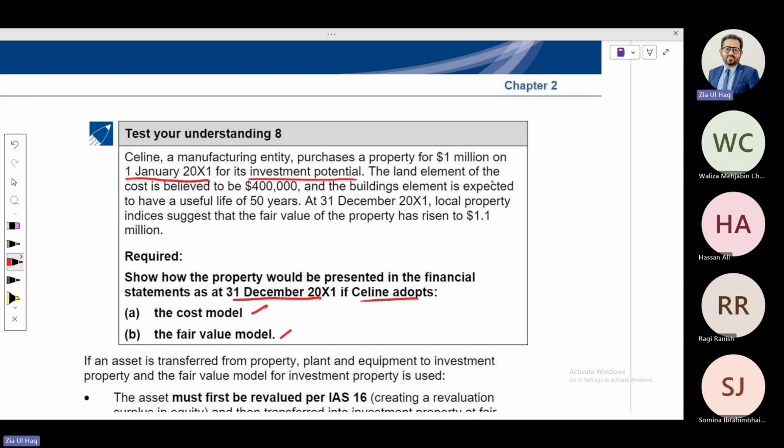The land element of the cost is believed to be 400,000 out of this 1 million. So the remaining 600,000 is the building element.